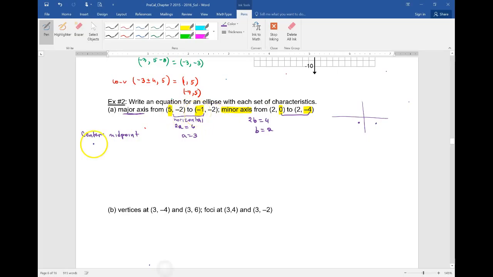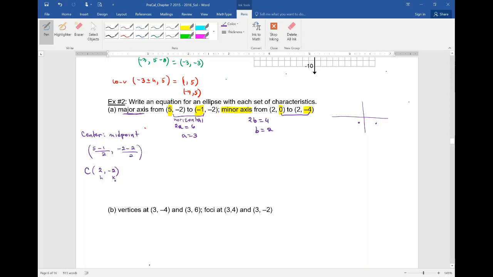How do you find midpoint? You add and divide by 2. So 5 minus 1 divided by 2, negative 2 minus 2 divided by 2. So the center is 2, negative 2.